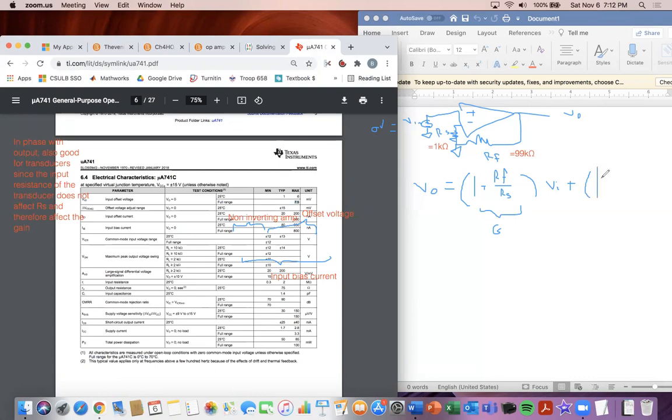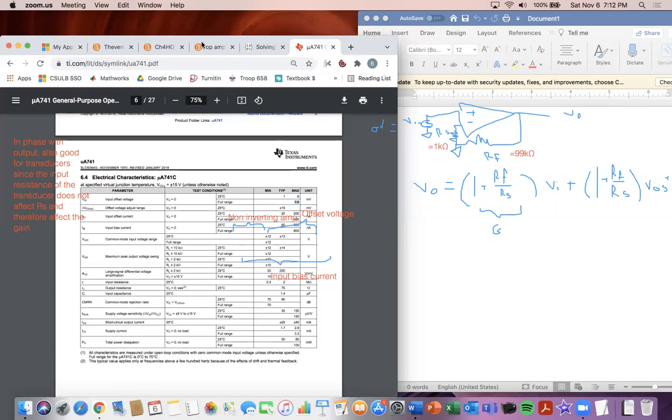So 1 plus RF over RS times the offset voltage. And then the input bias current equation, I like to think of it as V of P minus V of N times the gain.